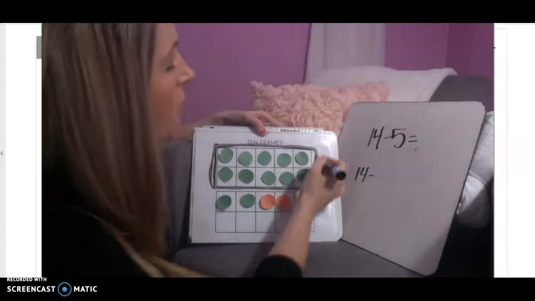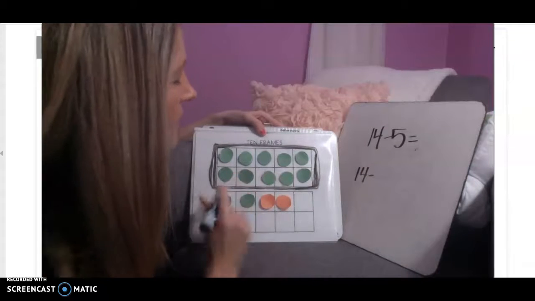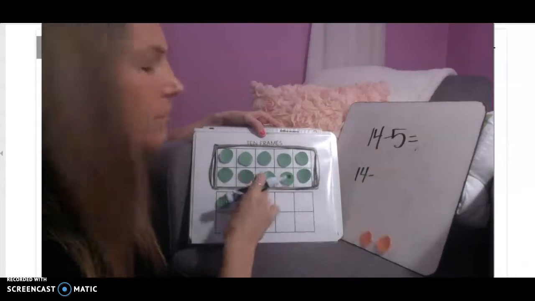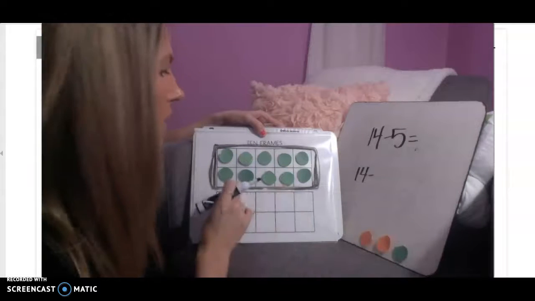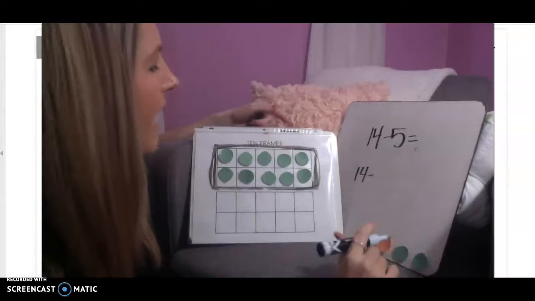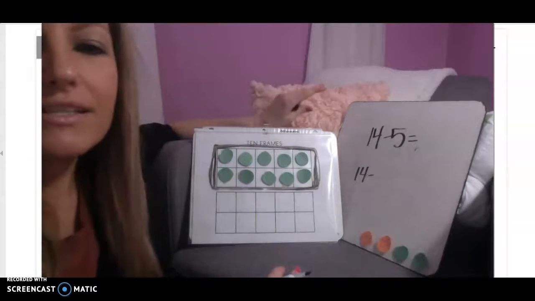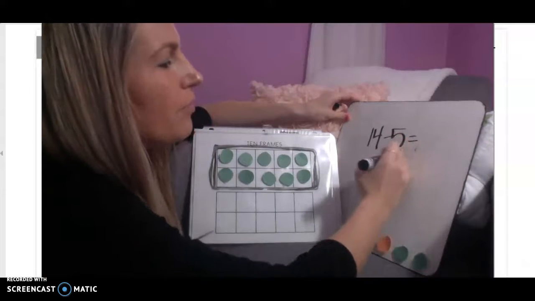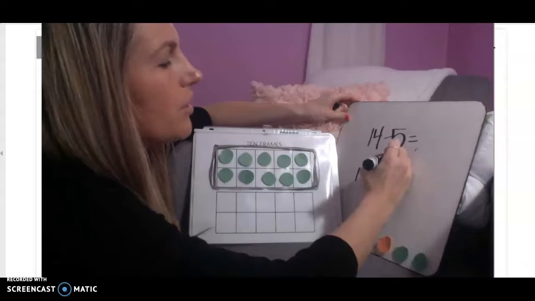Well, to only have these 10 up at the very top, I would need to take away 1, 2, 3, 4. I would need to take away 4 dots. What I did is I just took 5 and I broke it apart and took away 4.